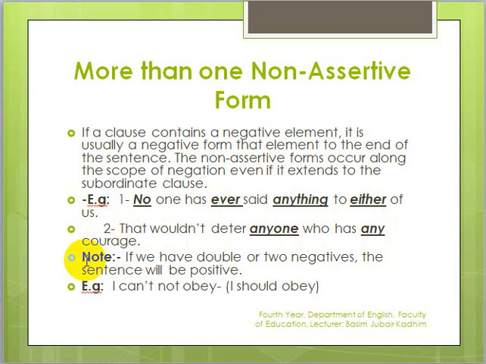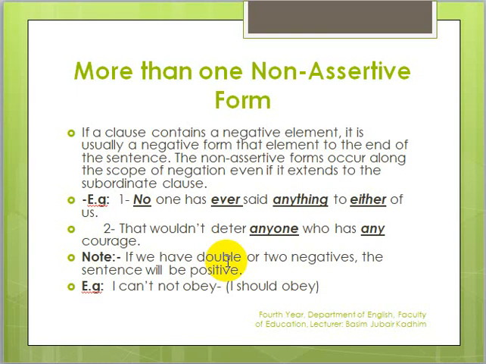Now let's keep up with this note. If we have double or two negatives, then the sentence will be positive, and this is a logical rule. When we have two negatives, or a double negative, then the sentence will be positive. For example, "I can't not obey."